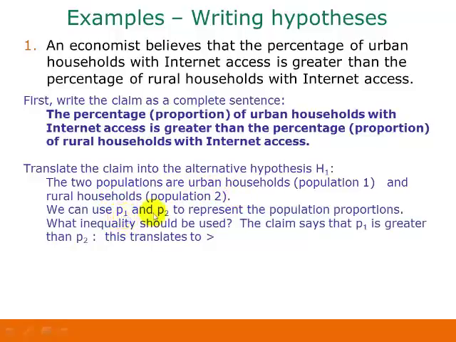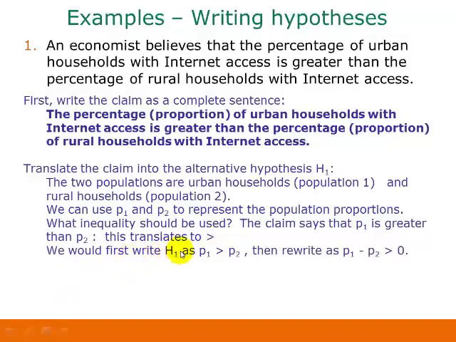We're going to use p sub 1 and p sub 2 to represent our population proportions. And what inequality should we use? If we look at our claim, it actually uses the words greater than, so that would translate to a greater than symbol.